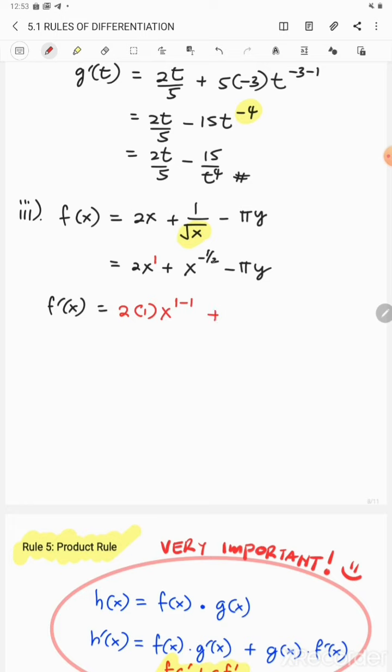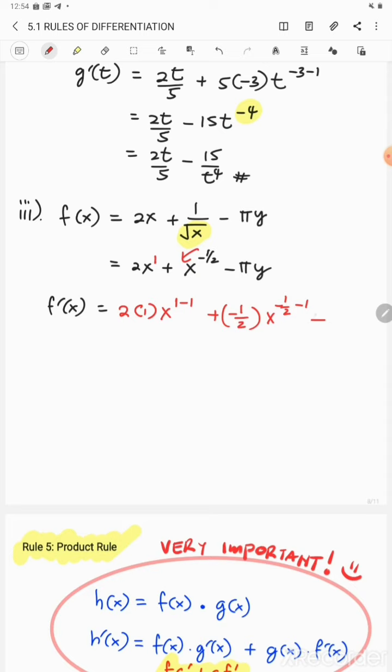Plus, we have here negative 1 over 2 in front of x, and then the power you have to minus by 1. I hope you understand this part. I repeat, the power you have to bring in front of x, so we get negative 1 over 2 x to the power of negative 1 over 2 minus 1.